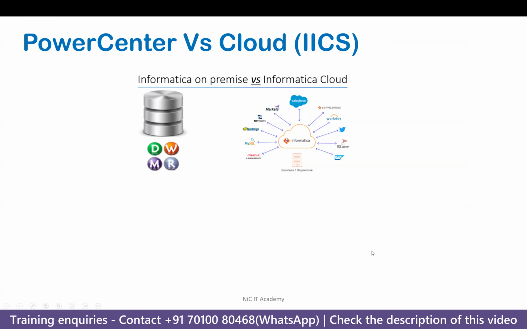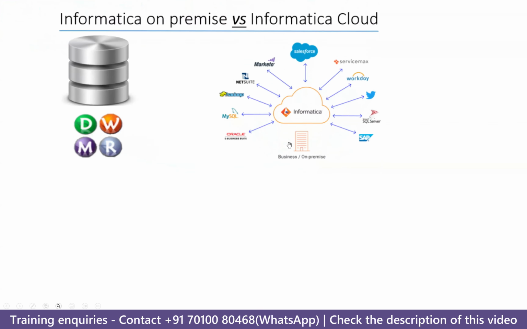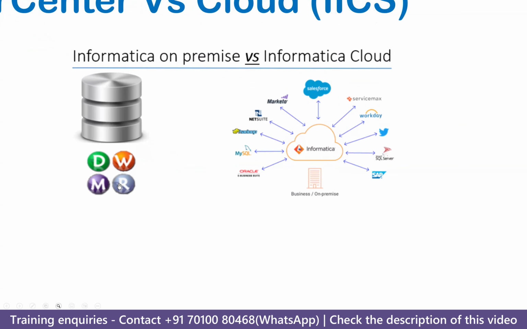Okay. So if you ask me what is the difference between PowerCenter and Informatica Cloud. In on-prem, we have four different tools, right? Repository Manager, Designer, Workflow Manager, and Monitor. Four client tools. For example, I am the ETL developer.